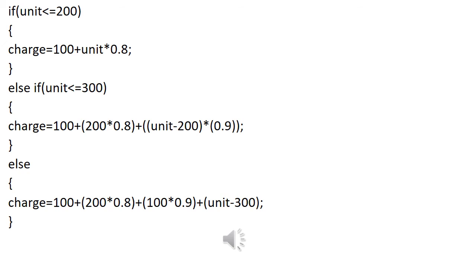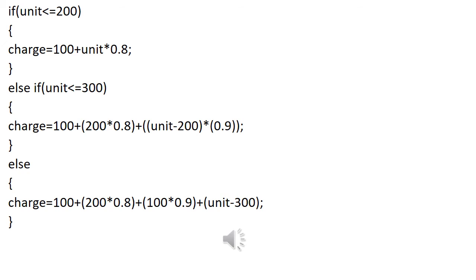That is why unit minus 200. For example, if 250 units are given, then unit minus 200 is the remaining 50, which I have to charge at 90 paisa per unit. That's why I have given unit minus 200 into 0.9. Now to this I have to add 100 rupees, the minimum charge.